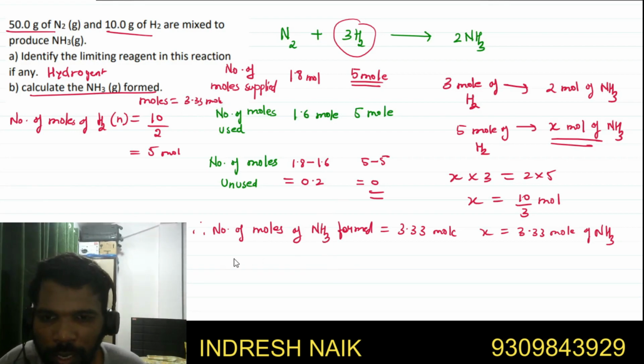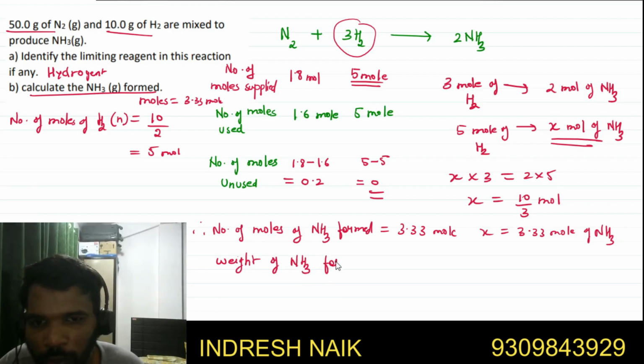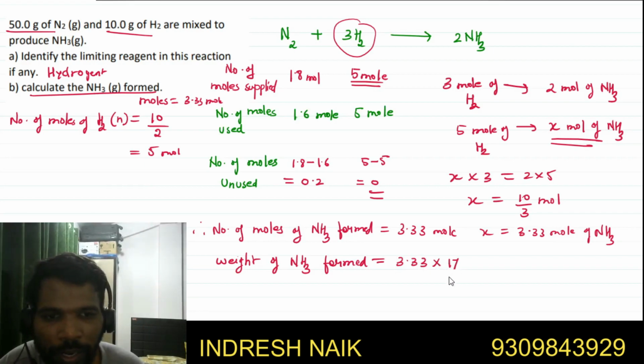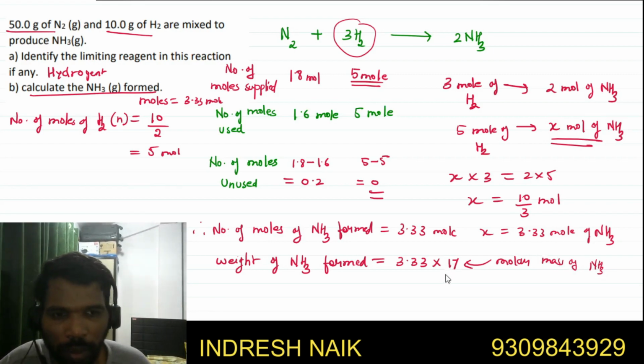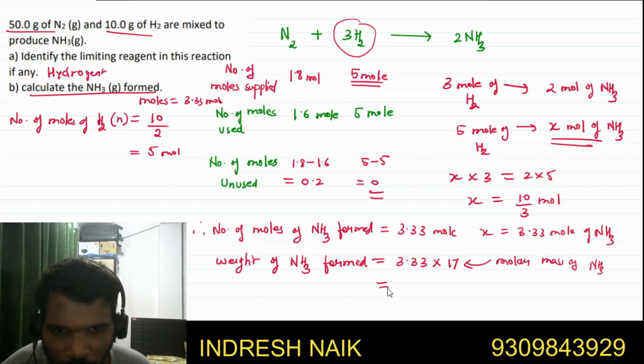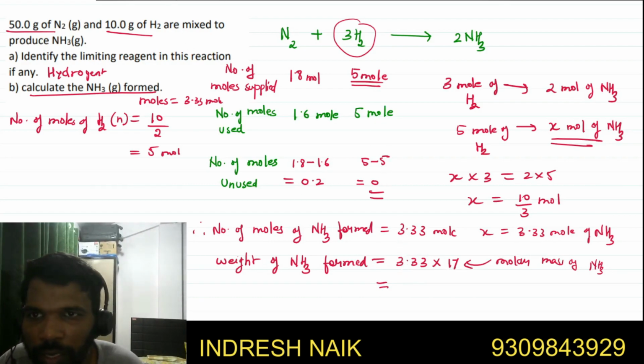What would be the weight of NH3 formed? Weight of NH3 formed will be 3.33 into 17. 17 is the molar mass of ammonia, or we call this the molecular mass of ammonia, right? How much does that come to? Understand the relation.